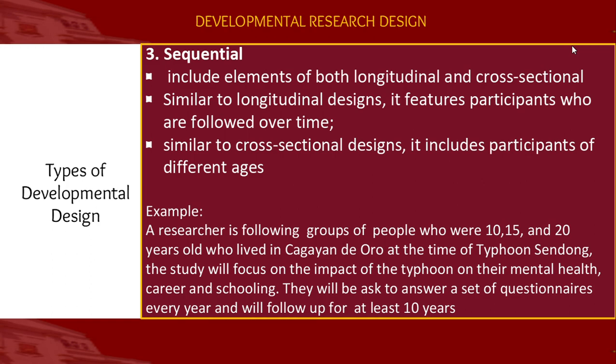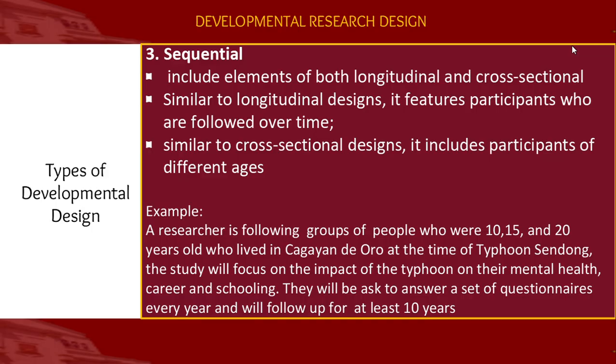So for example, a researcher is following groups of people who were aged 10, 15, and 20 years old who lived in Cagayan de Oro at the time of Typhoon Sendong. The study then will focus on the impact of that typhoon on their mental health, career, and schooling.